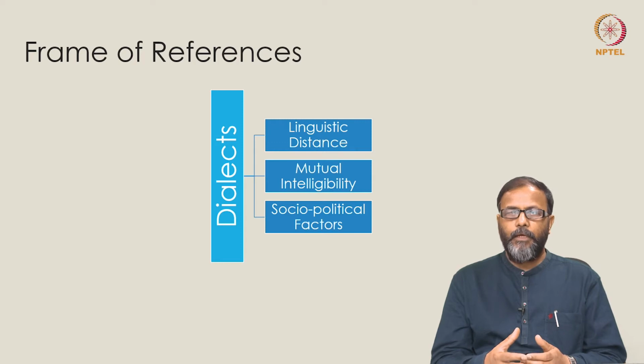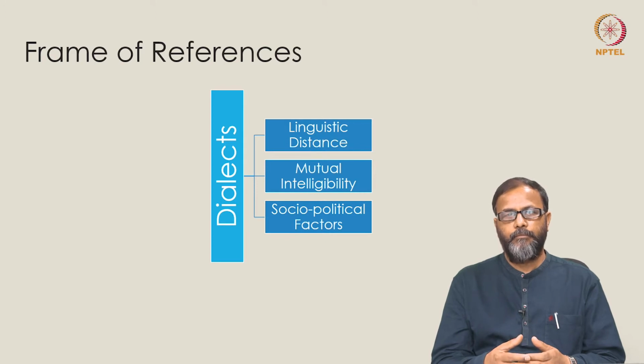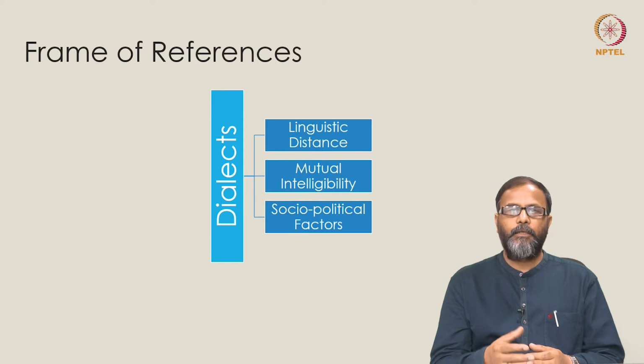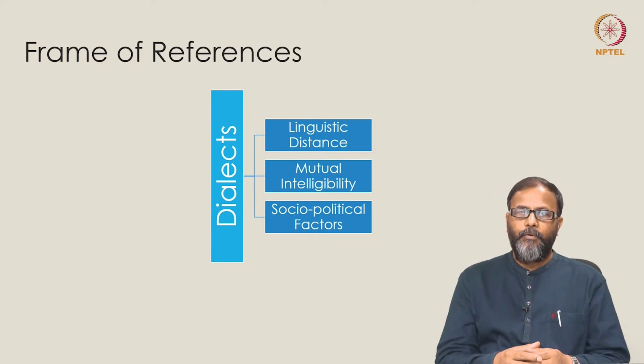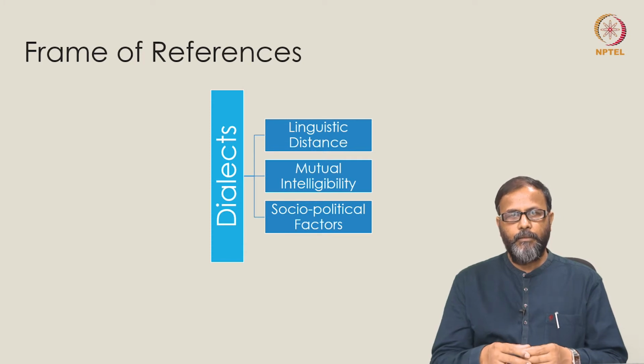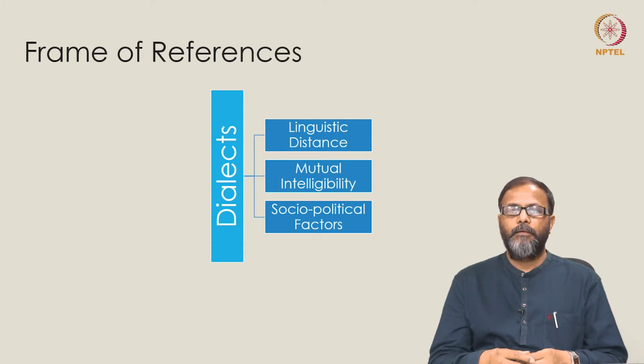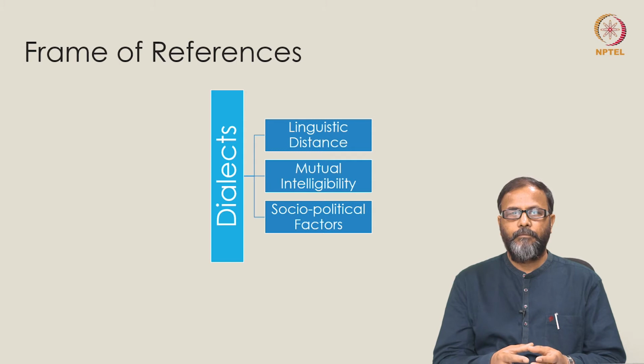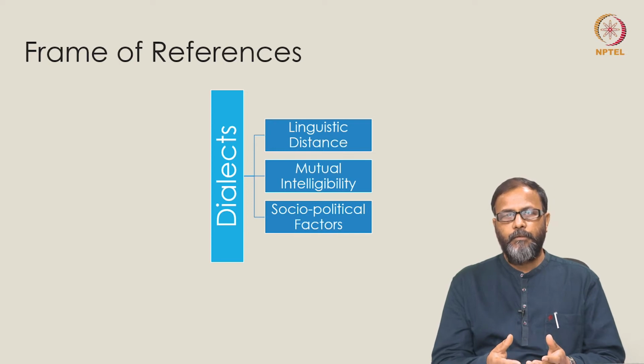If you look at Census of India 2011 data, and if you look at the mother tongues, even in scheduled mother tongues like Hindi, for example, you find more than 40 languages put under the Hindi bracket as dialects of Hindi. Bhojpuri, Angika, Bajika, Maghi, Braj, Avadhi.